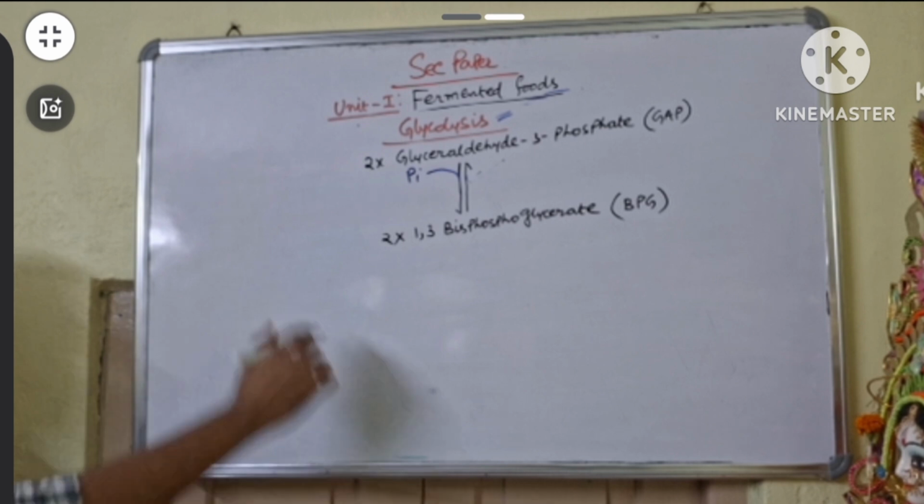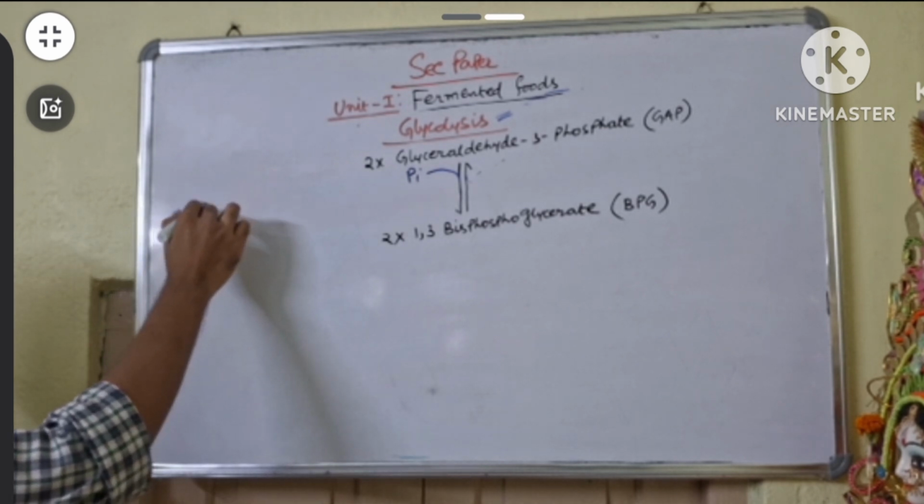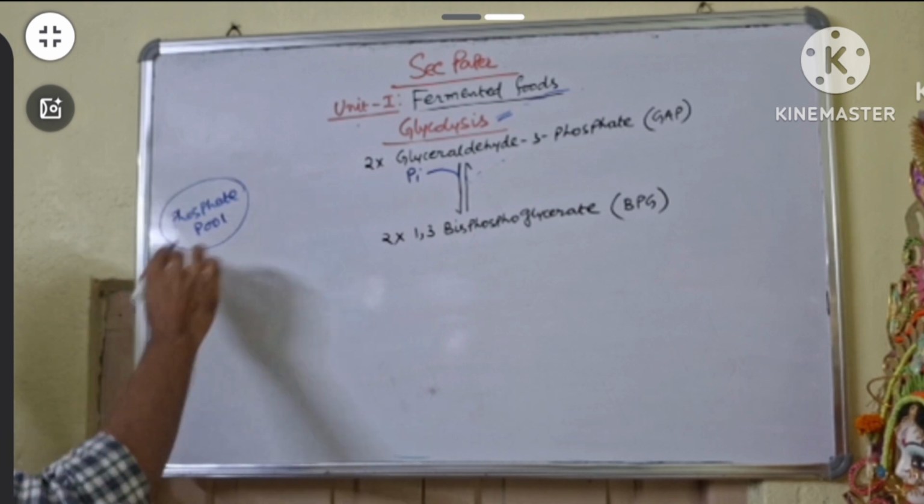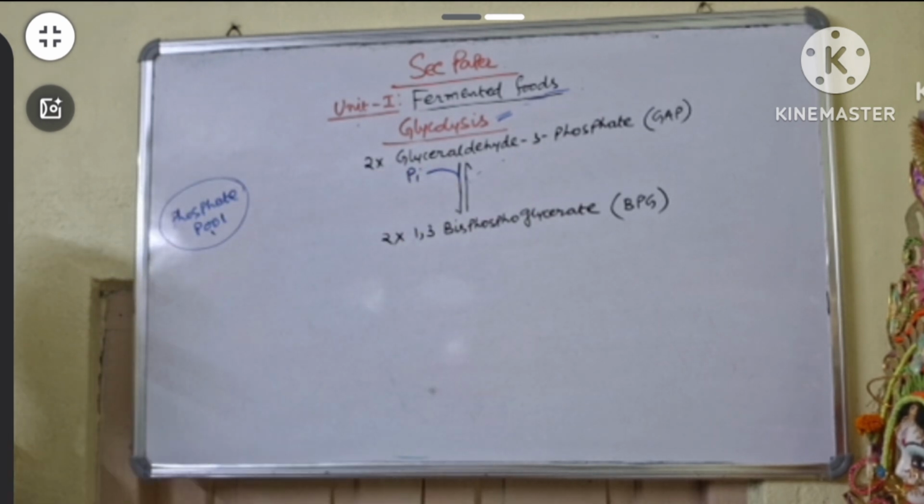In the cell, we have a phosphate pool inside the cell, and from the phosphate pool, Pi will be supplied.